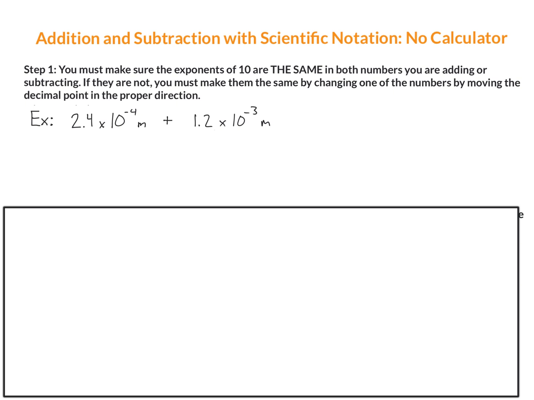So what we want to do when we're doing addition and subtraction with scientific notation without a calculator is make sure that the numbers that we're adding or subtracting have exponents that are the same value.